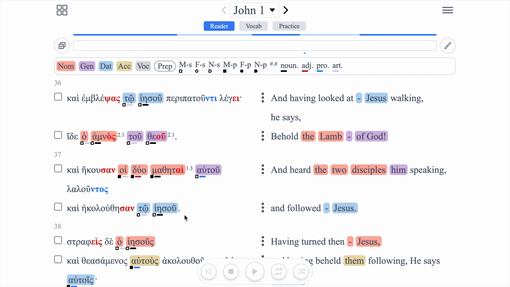Ke ikoluthisan to Jesu. They followed Jesus. In English, both of these would take a direct object. Having looked at what? Jesus. They followed what? Jesus. But in ancient Greek, certain verbs prefer the dative. The verbs that take the dative object are verbs of following, trusting, serving, helping, and looking attentively. We don't need to go through that exhaustively, but just be on the lookout for that as you read.